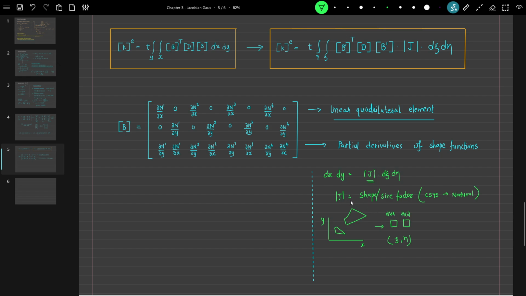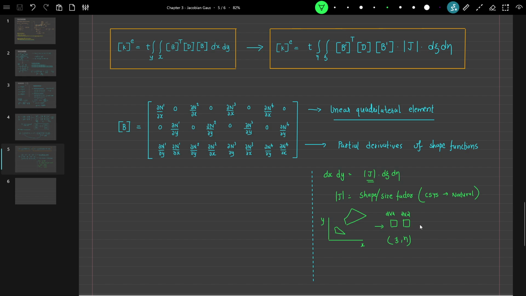So the Jacobian matrix is a relation between xy, that is basically a coordinate mapping.